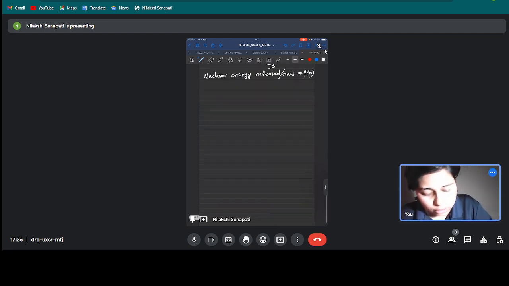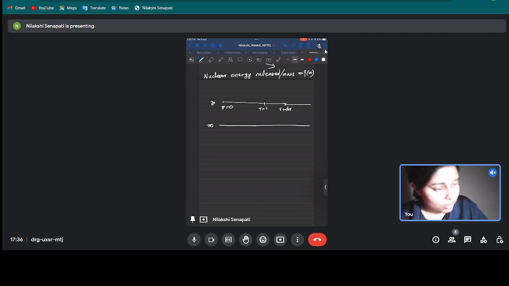That means first is radius, suppose r equal to 0, then r, and now it is r plus dr, and it is continuous, it will increase. Then m, another thing that will have the same treatment: m at this point, m plus dm at this point.